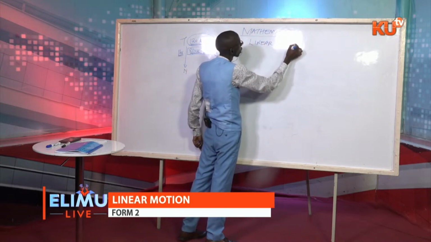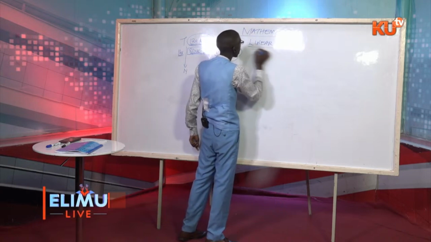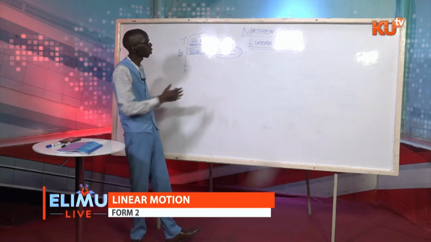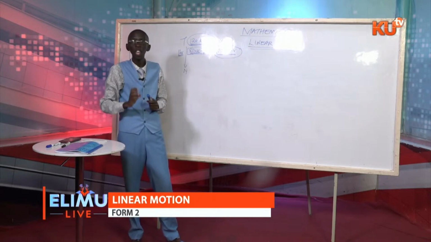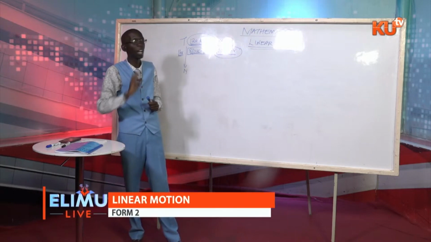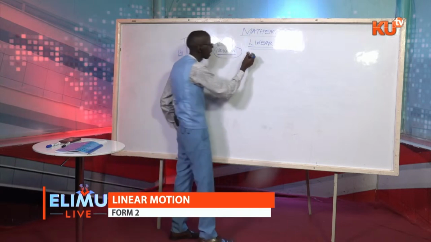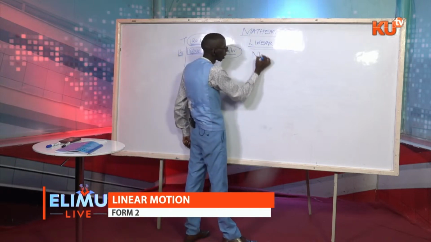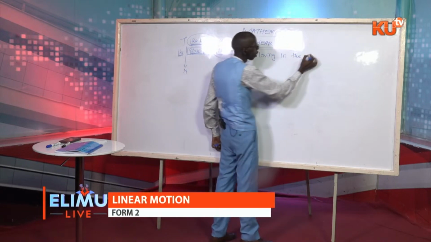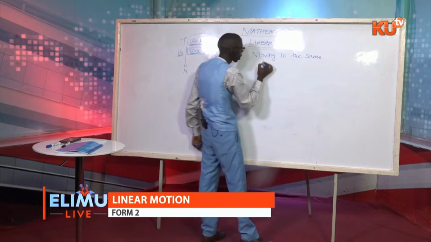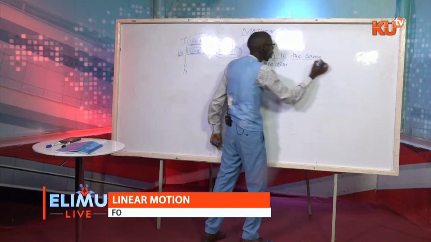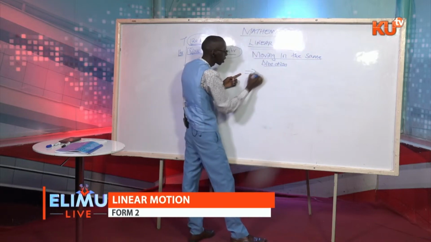So, my dear students, there are different things that I want us to get on this topic. We'll start with vehicles moving in the same direction. For vehicles moving in the same direction, we need to know, one, the relative speed.